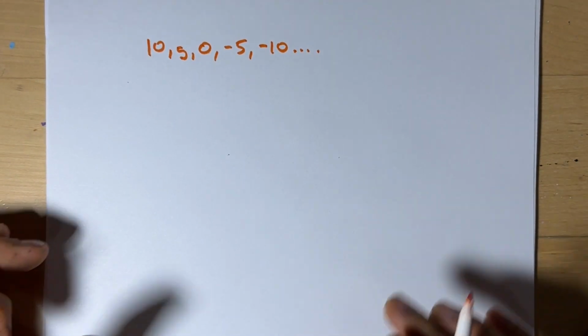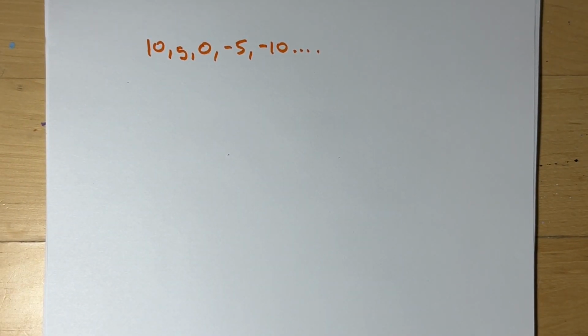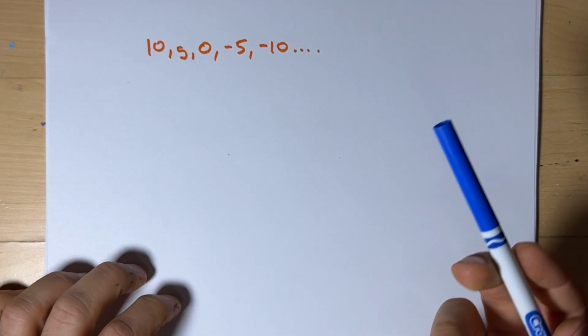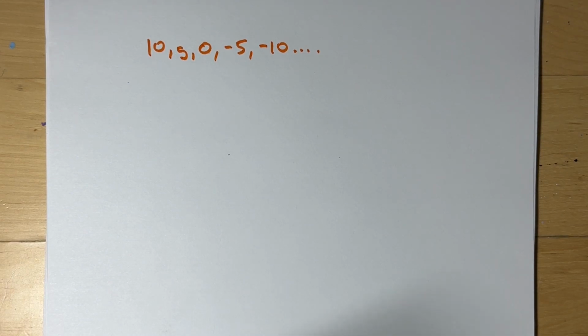So here we have a pattern, and you might see it right away. You might notice what we're subtracting by. The fact that it's getting smaller is a clue that it's subtracting.